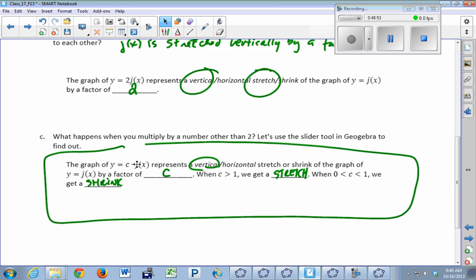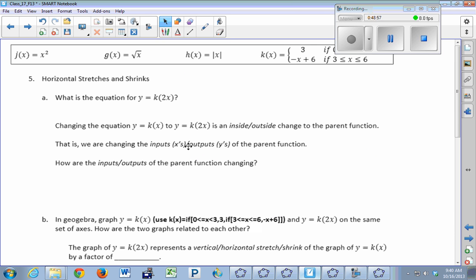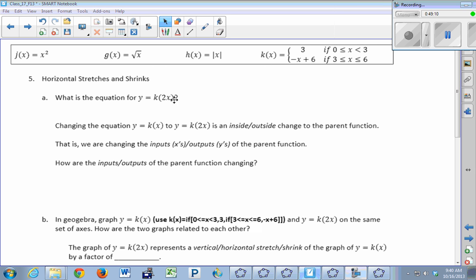So what do you think is going to happen when we look at the horizontal stretches and shrinks? So look here. Now we're inside. Yes, the opposite is going to happen. So here you always think, what are we working on? Ooh, now we're working on the step function.